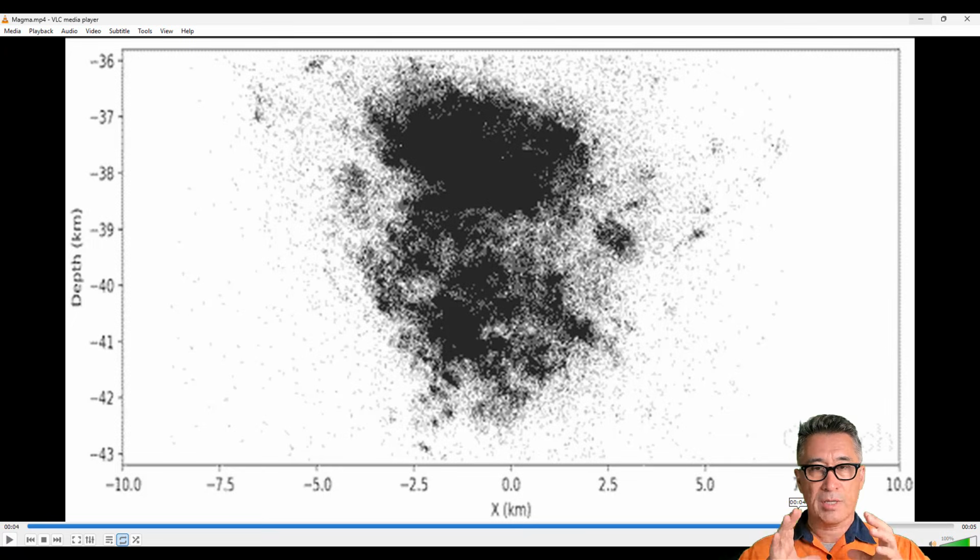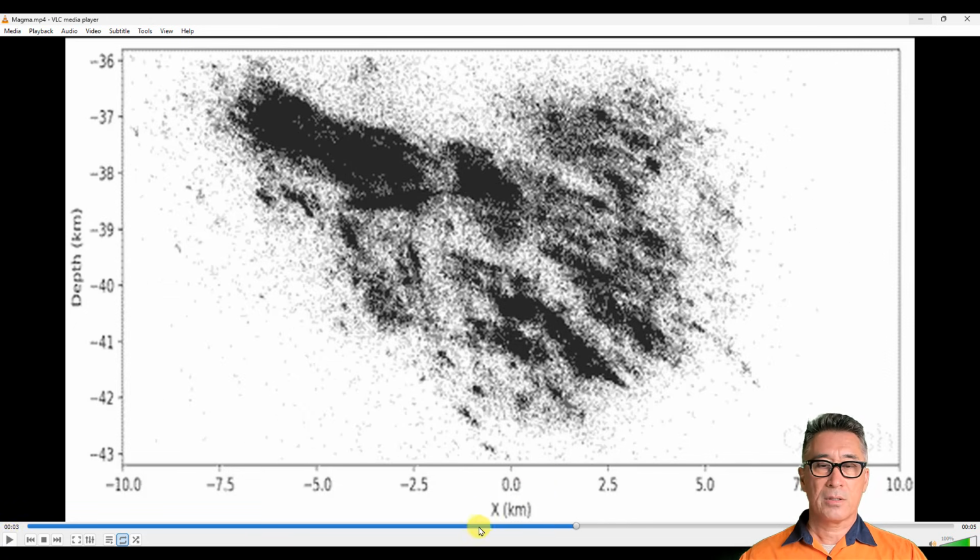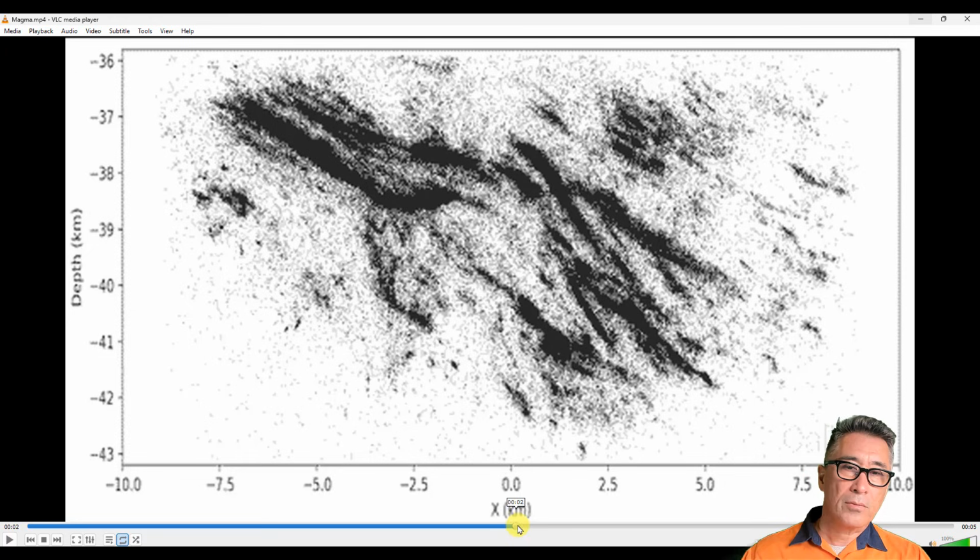And that overall prolate shape of the seismic activity is plunging in the same direction as these small zones of seismic activity. So these smaller zones, they're coaxial. So the larger enveloping surface is coaxial with these smaller ones.